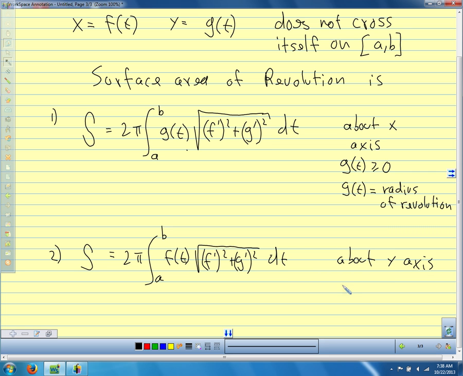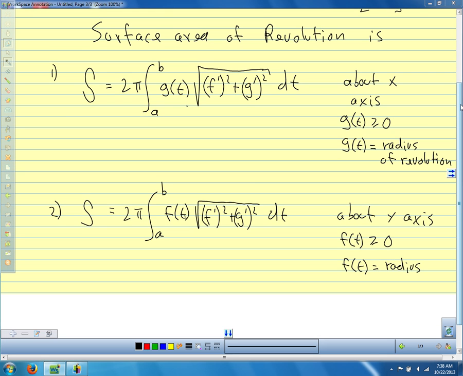And we want our radius to be positive. And here our radius is f of t. So exactly like we did before, we're just substituting our expressions for x and y and for our arc length that we came up with for parametric equations.